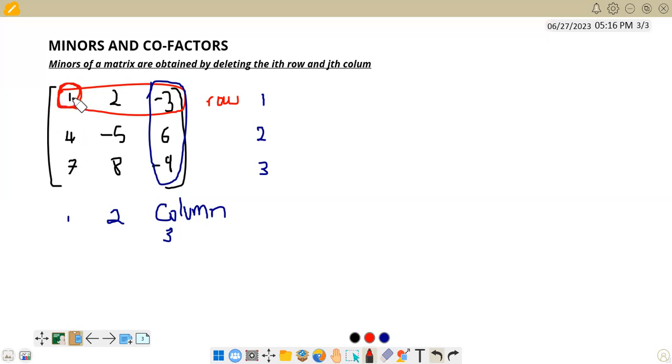If you want this item here, we look: we have row 1, row 2, so this one is row 2. Counting the columns, 1, 2, so -5 is in row 2, column 2. So this is how we can identify the elements in a matrix.